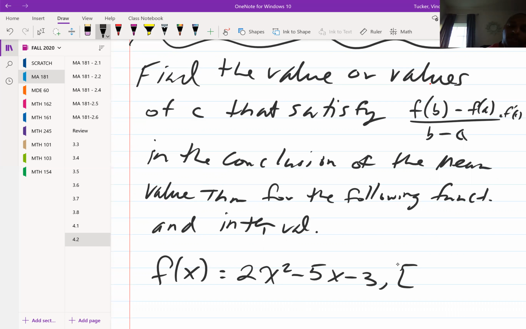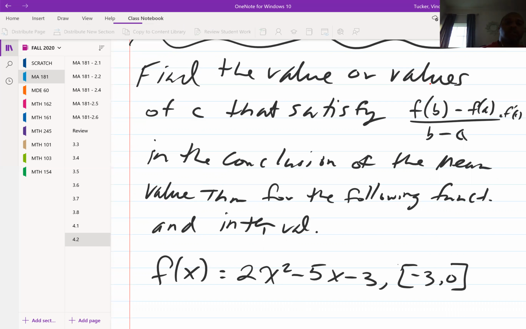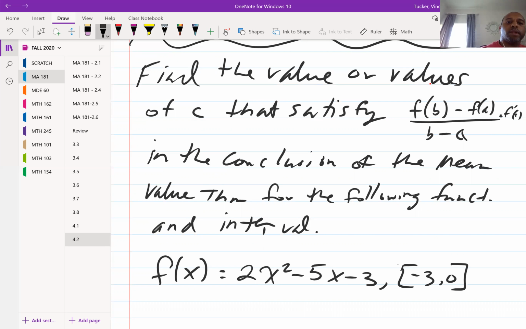So the problem should be giving us intervals to do our examination on.